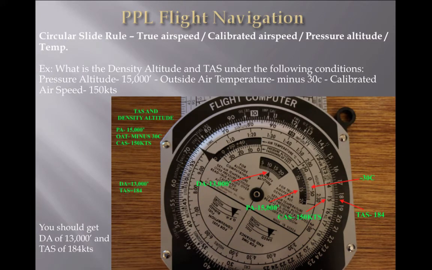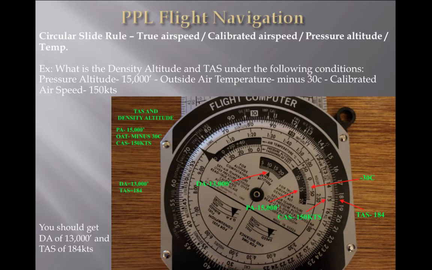Again, if you've got a density altitude window that's somewhere else, don't worry too much about that. The particular piece that you're paying attention to is where you see the pressure altitude is set to 15,000 feet, and that corresponds with a -30 degrees on the air temperature window. Now, as long as those two mark up, brilliant.